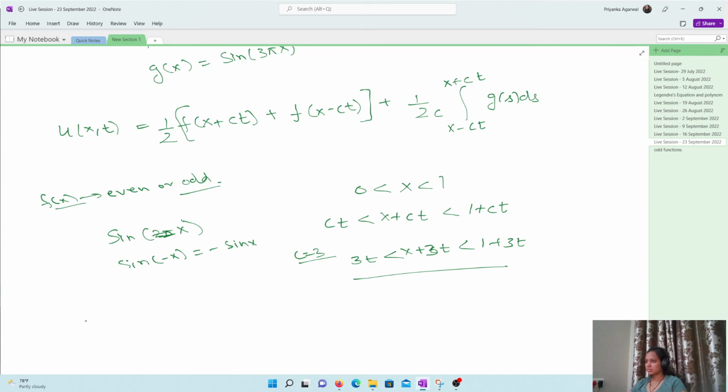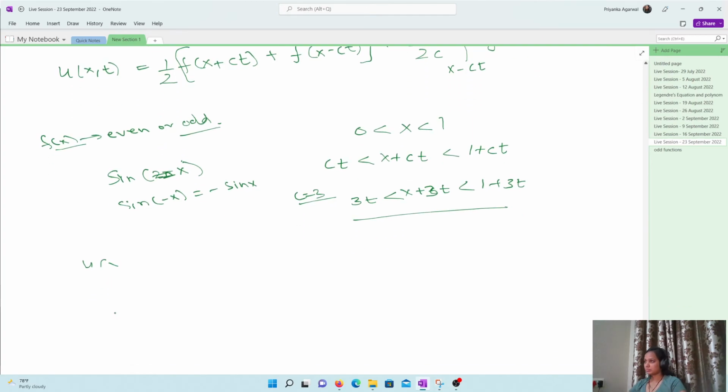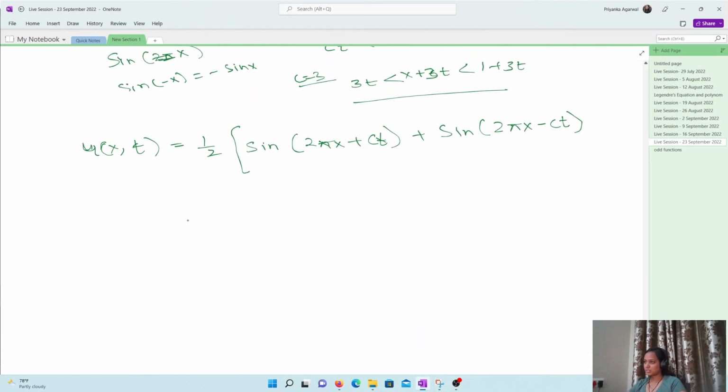Okay, so let's write down the solution. u(x, t) can be written as 1/2 [sin 2π(x + ct) + sin 2π(x − ct)], and then we have an integral 1/2c ∫ from x − ct to x + ct of sin 3πs ds.